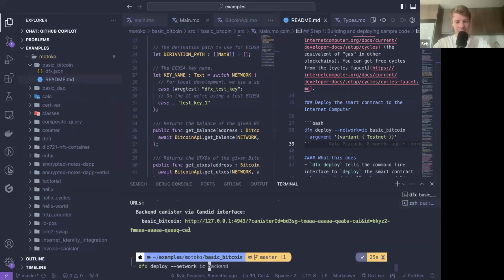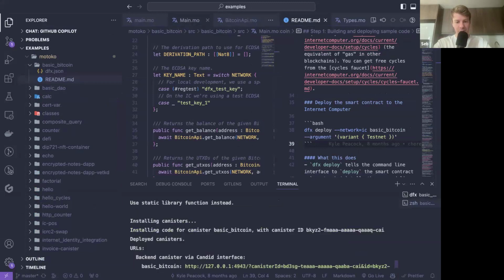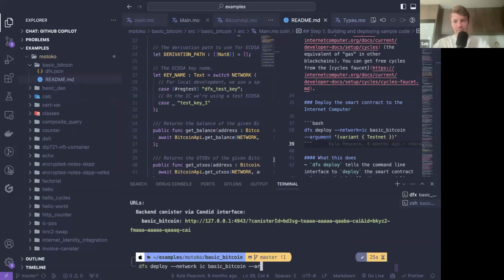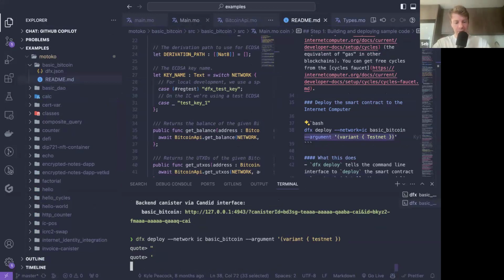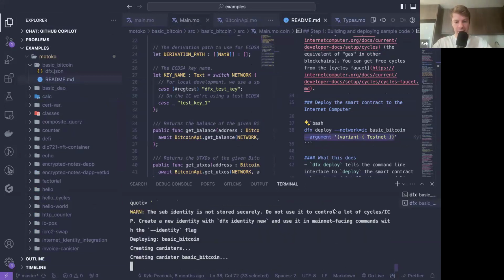So if we want to have a chance of seeing something, we need to deploy on the IC.